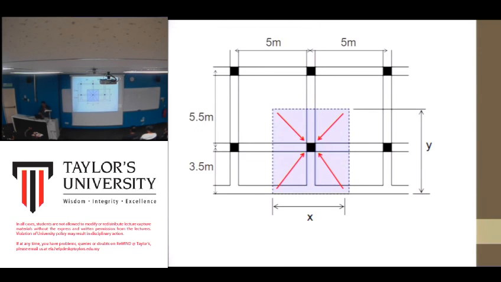Okay, calculate x and y. So what is x? What is y? Assuming there are half distances between the two columns. So what is x? Huh? X. What is x? 5. Okay, y?